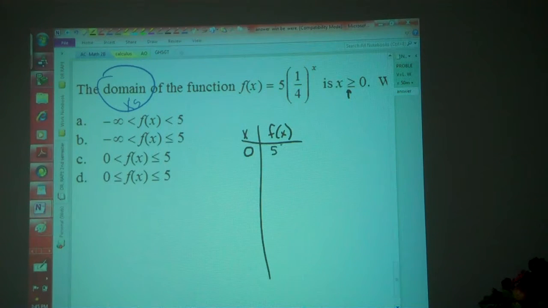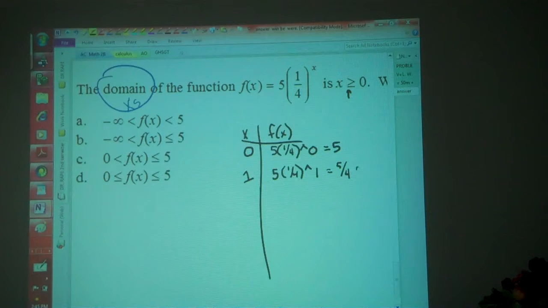You would work it out. 5 times 1/4 to the power of 0. You can put that in your calculator, and you will get 5, because anything to the 0 power is 1, and then that would be 5 times 1. So that's 5. If you plug a 1 into your calculator, 5 times 1/4 to the power of 1, well, 1/4 to the 1 would be 1/4, and 5 times that would be 5/4. 5 over 4.